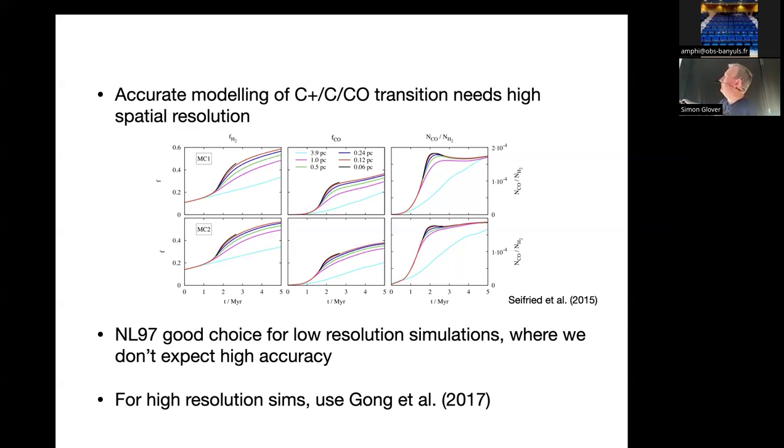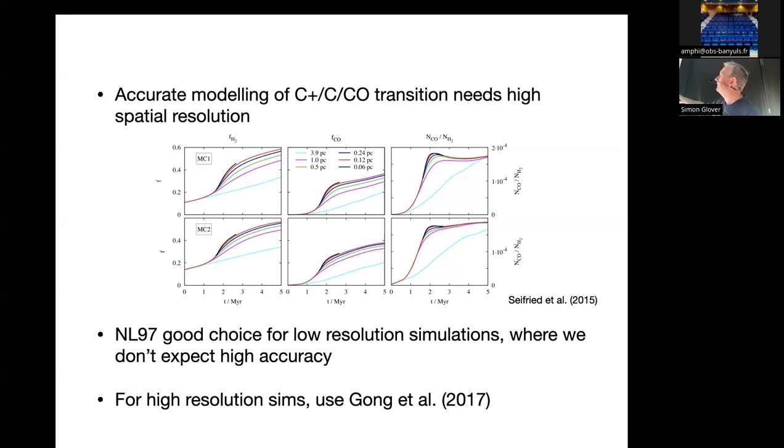The light blue line you can just about make out is where the finest grid was 4 parsecs, and then the different colors as we go up from there, you're making the finest mesh cell finer and finer till the smallest one is 0.06 parsecs, which you'll notice doesn't go all the way to the end of the plot because that was so slow they couldn't afford to do it all the way to the end.